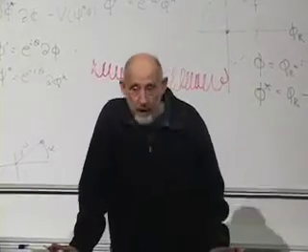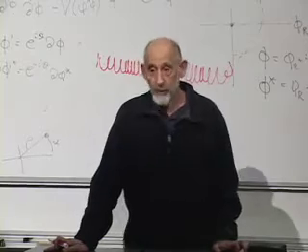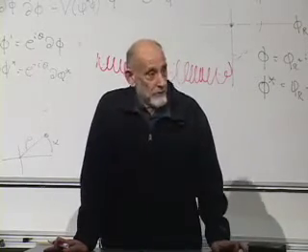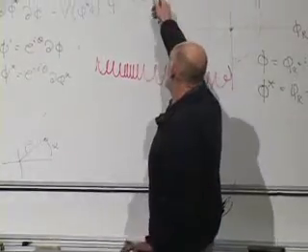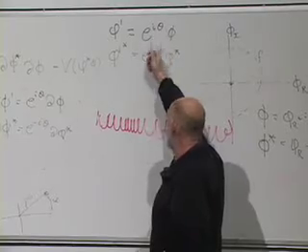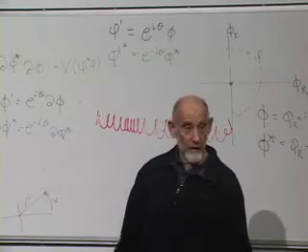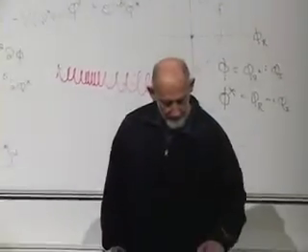Charges of various kinds are always carried by fields which are complex. And the conservation law is associated with the symmetry. The symmetry is associated with the U1 transformation, namely multiplication by a phase. Okay, we've talked about this at length previous times, so I won't go into it again.